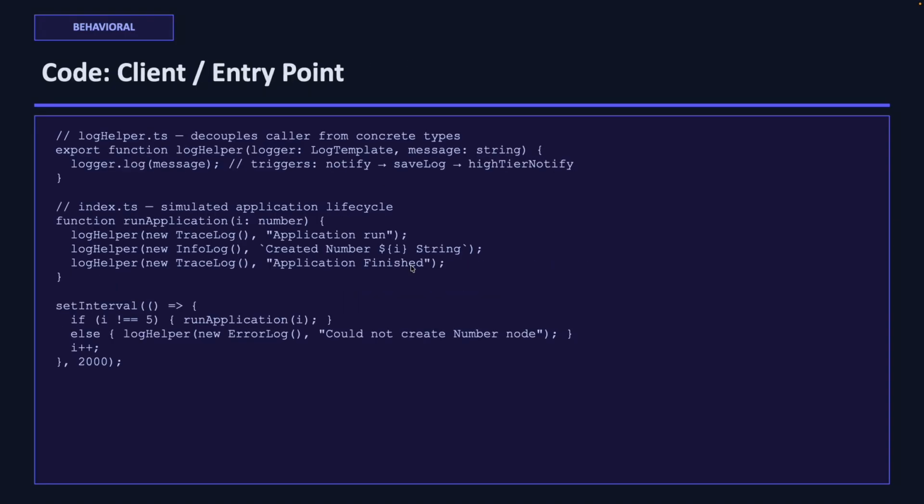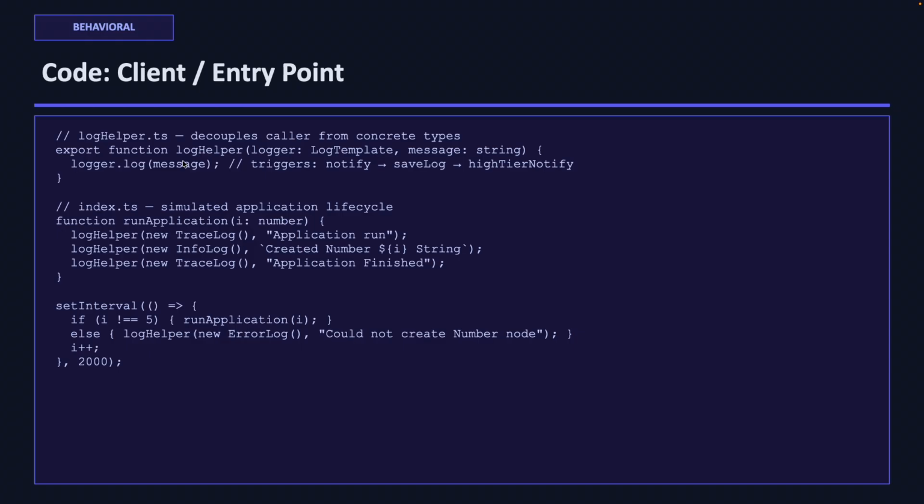Here we have the TypeScript index file. From here, we're going to see that the log helper itself is a function that accepts the abstract type log template. And then it just triggers the log method.